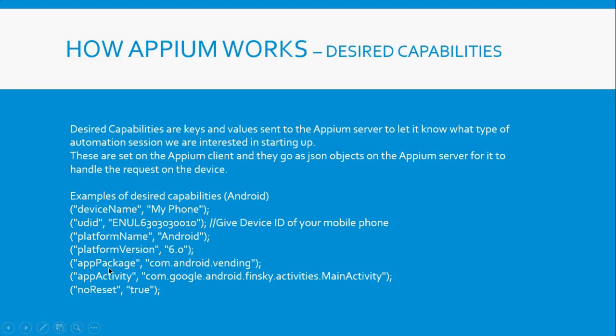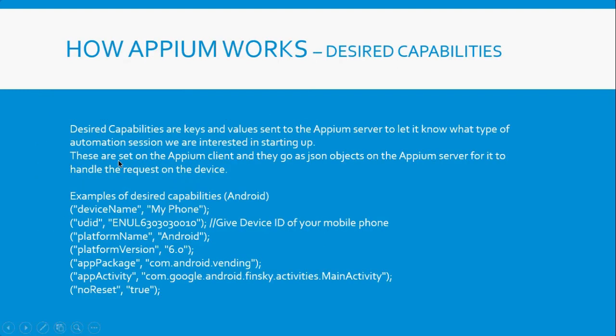What is the name of the application that I'm trying to automate? What is the activity of the application? And then you also have some values which you might set depending on the type of automation session that you are trying to start using the Appium server.